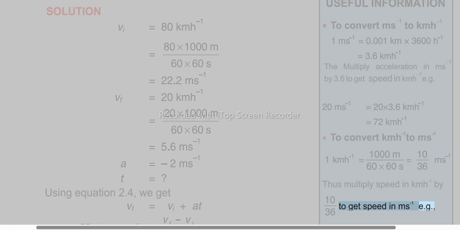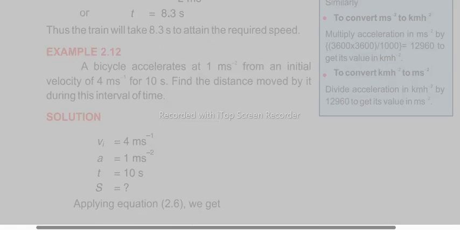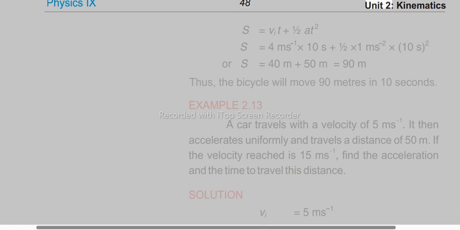Similarly, to convert m/s² to km/h², multiply acceleration in m/s² by 3600×3600/1000, which equals 12,960, to get its value in km/h². To convert km/h² to m/s², divide acceleration in km/h² by 12,960 to get its value in m/s². Physics 948, Unit 2, Kinematics.